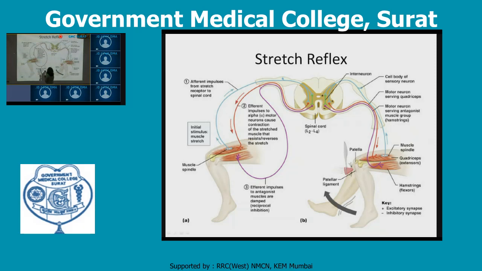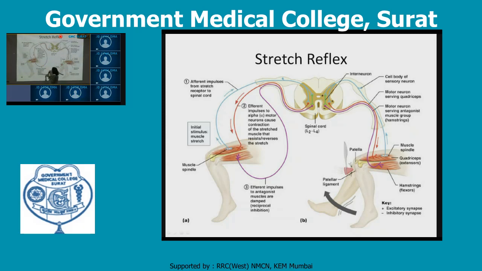The agonist muscle is supplied directly by the efferent limb and it will cause contraction of the extrafusal fibers. Whereas to the antagonistic muscle it will be via an interneuron. You can see this one interneuron here, and it causes inhibition of the antagonistic muscle. There will be a damping reaction, and this is known as reciprocal inhibition.